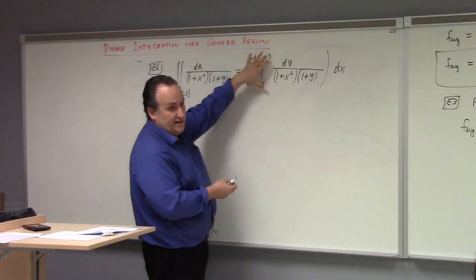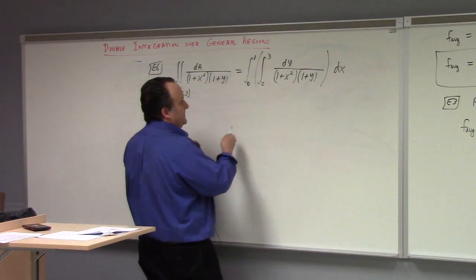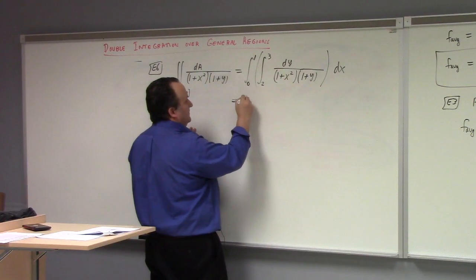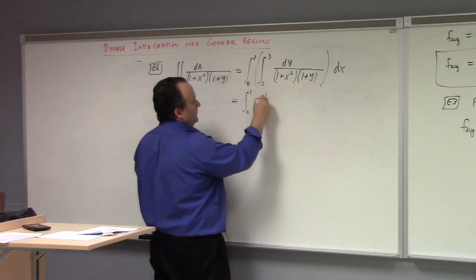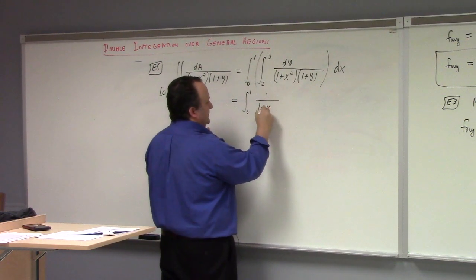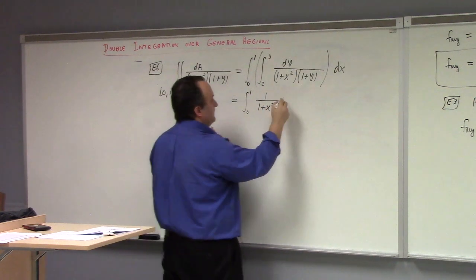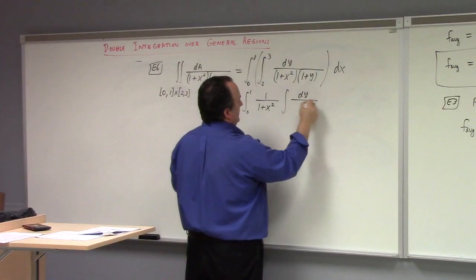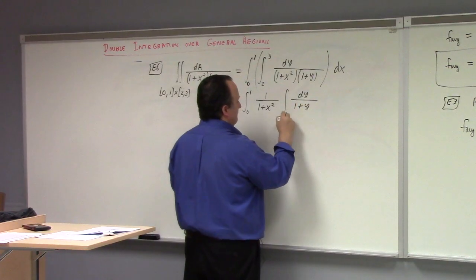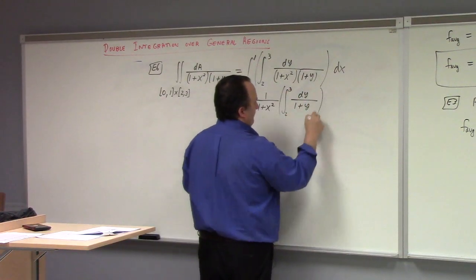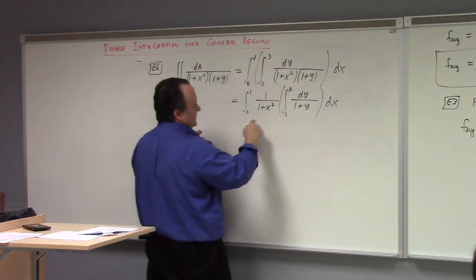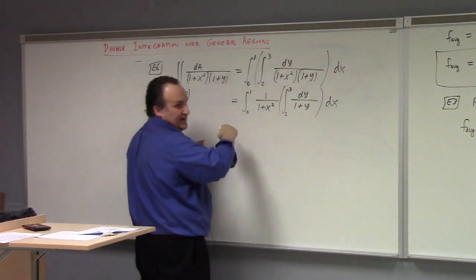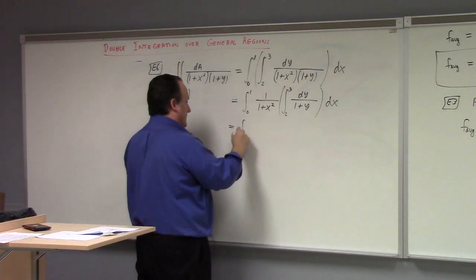The bounds don't depend on x, right? In that situation, I can factor this 1 over 1 plus x squared outside of the integration, and I can just do integral of dy over 1 plus y like that. But this is just a number, so I can just pull that outside the integral.